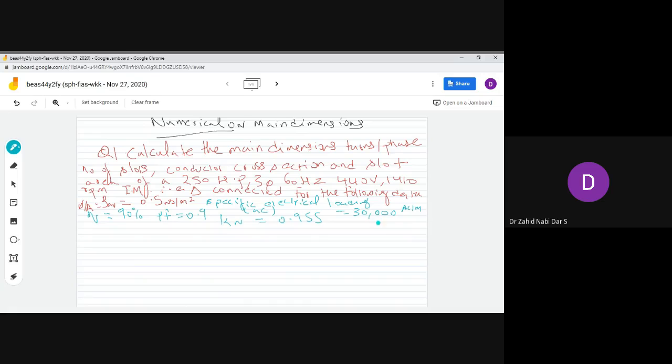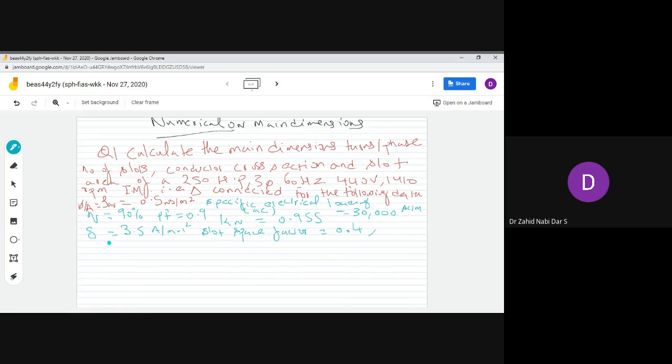Current density is equal to 3.5 ampere per millimeter square. Slot space factor is equal to 0.4. Ratio of core length to pole pitch.